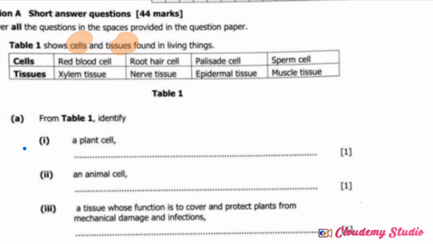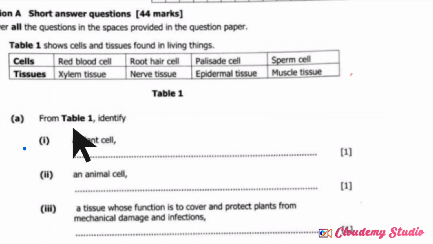Okay, so from this table we are able to tell, before I even go to the questions, that this is where cells are here. And then if we talk about tissues, this is where tissues are. So from these 2 tables, the question now is asking us to start identifying. What are we identifying?